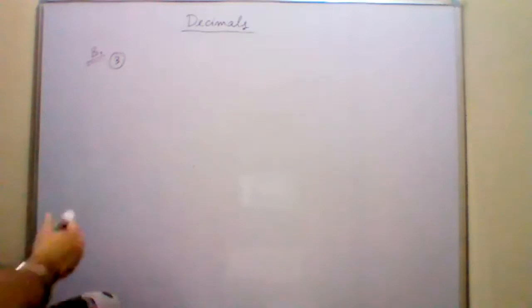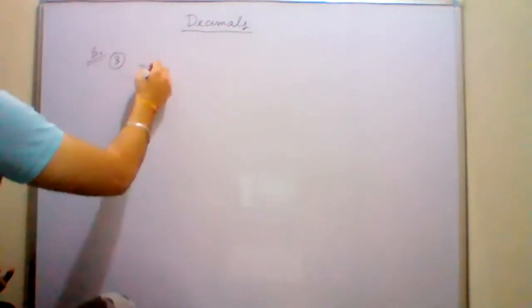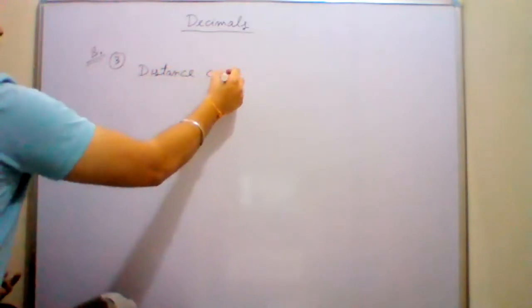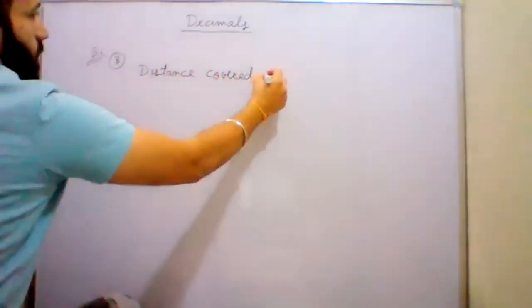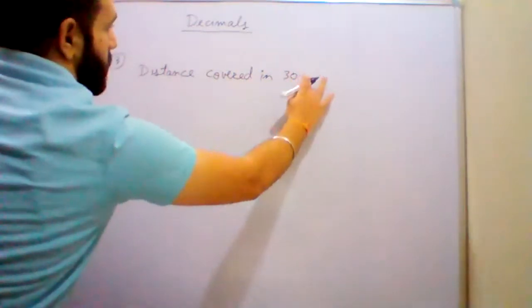Sir, I can tell. So, there is an athlete who runs 201 kilometers in 30 days. Distance covered by the athlete in 30 days. How much distance he covers in 30 days?